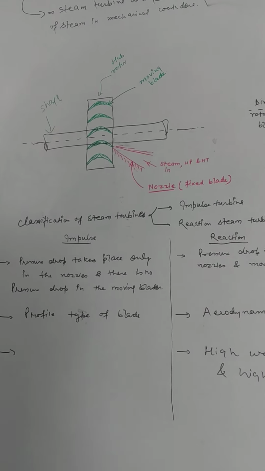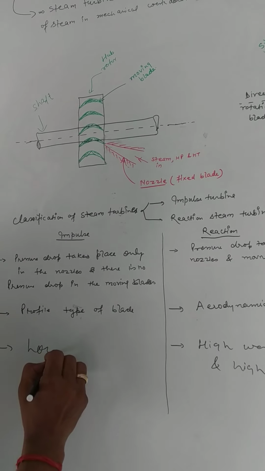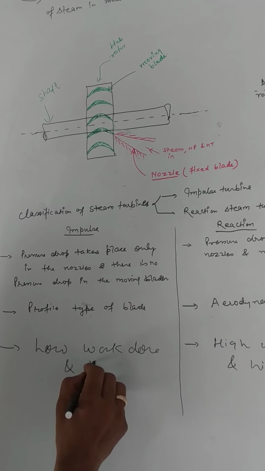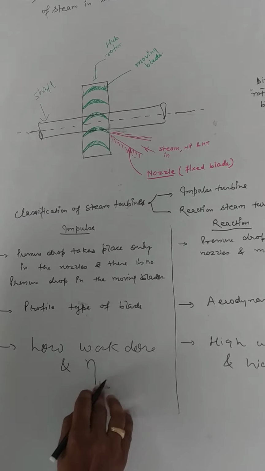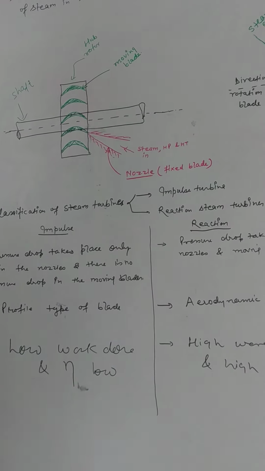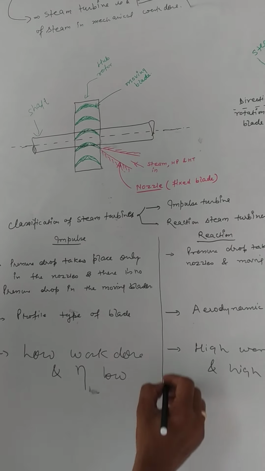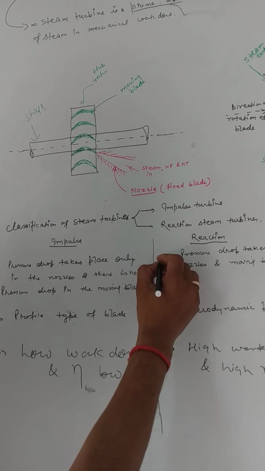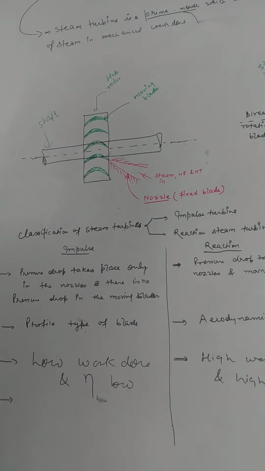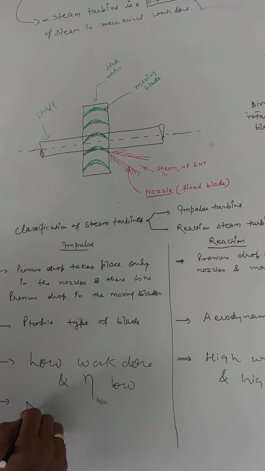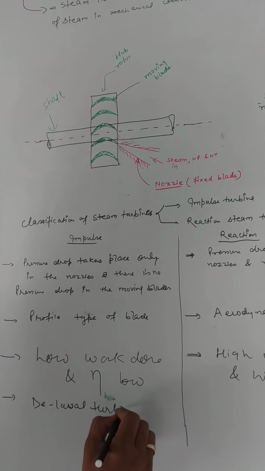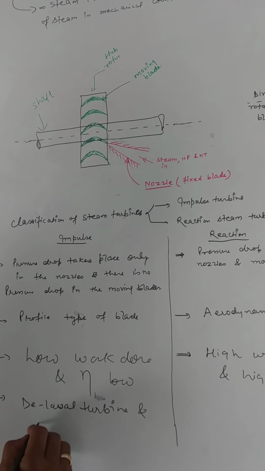The impulse turbine has low work output and low efficiency. Efficiency is low here, efficiency is high there. This is the major difference. As far as examples or applications are concerned, the impulse turbine has examples like the De Laval turbine and the Curtis turbine.